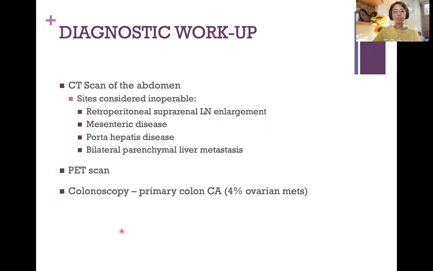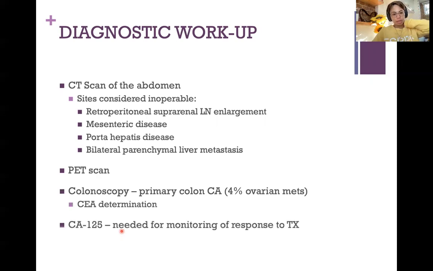So we have to make sure that this is not a metastatic malignancy. So determine the CEA. And of course, the CA125 level is not actually a screening tumor marker. It's necessary for monitoring response to treatment. We get a baseline, and then when monitoring response to treatment, we measure it again.